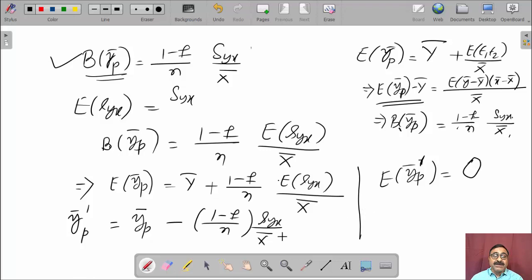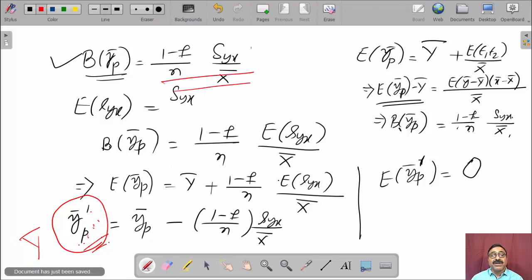So that means this Ȳ_p dash gives an unbiased estimator of the population mean Ȳ, and this is obtained by correcting, or by estimating, the bias of the product estimator unbiasedly.